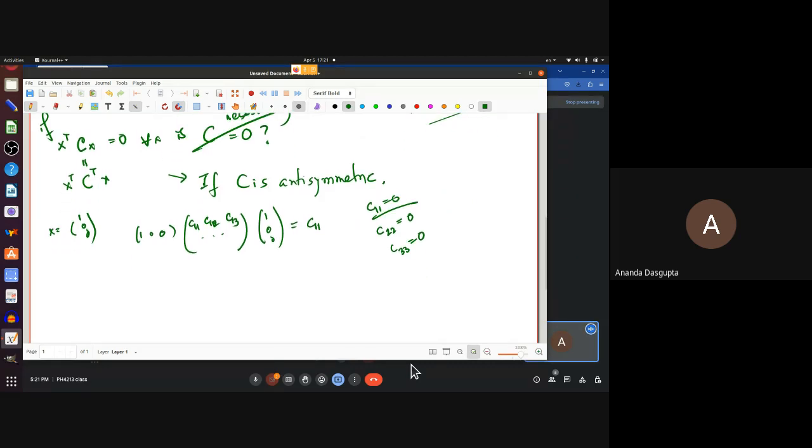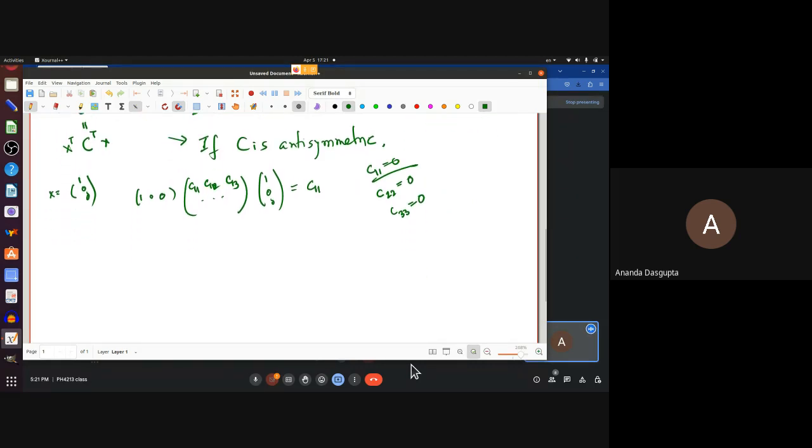So at least we are making some progress. You know that in an antisymmetric matrix, the diagonal elements have to be 0, and we have just established that. But what I need to do is show that C12 plus C21 is 0, and also C13 plus C31 is 0, C23 plus C32 is 0.